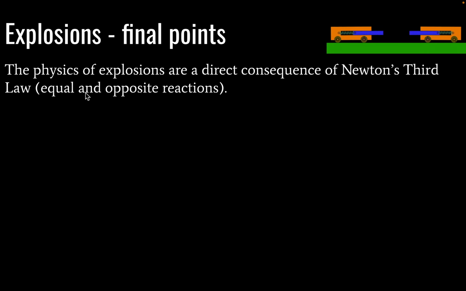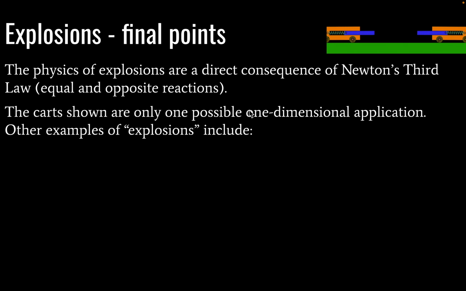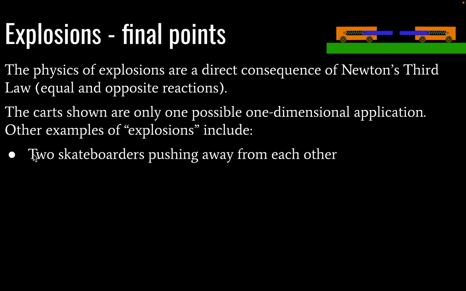Okay, so the physics involved here are a consequence of Newton's third law. We have equal and opposite reactions. So our carts only show one possible one-dimensional application, but other examples could be skateboarders pushing away from each other. This is kind of a common thing in IB physics.